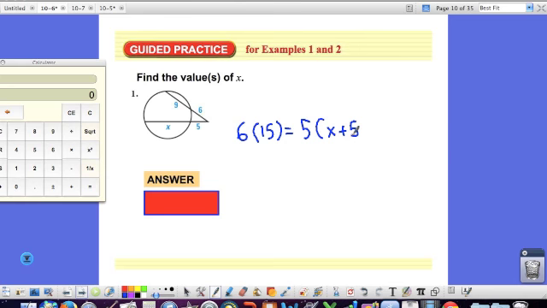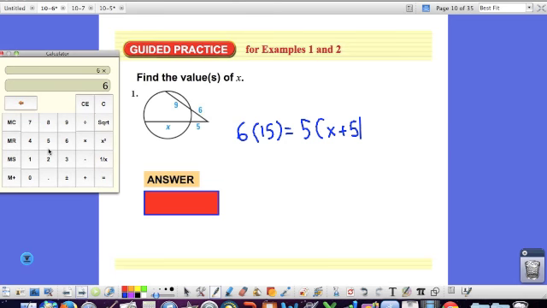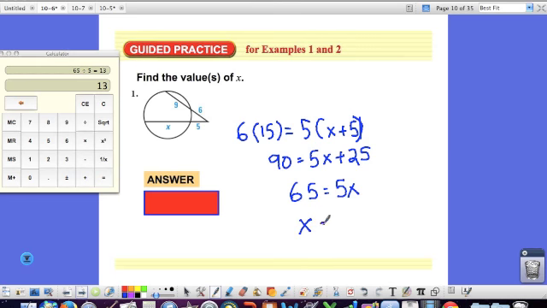So 6 times 15 is 90 equals 5 times (x plus 5), that should be a parentheses, 5x plus 25. 90 minus 25 is 65 equals 5x, and 65 divided by 5 is 13. So x equals 13.